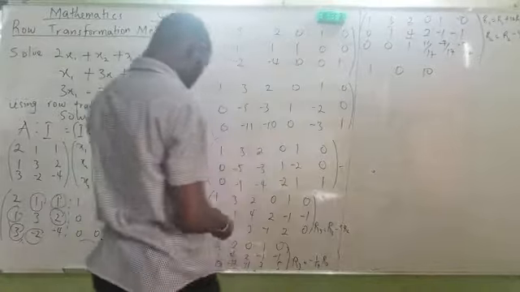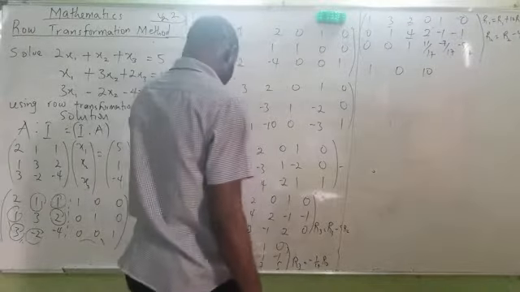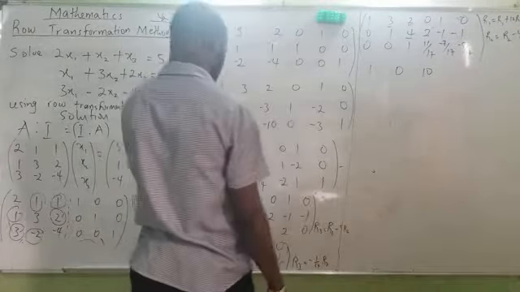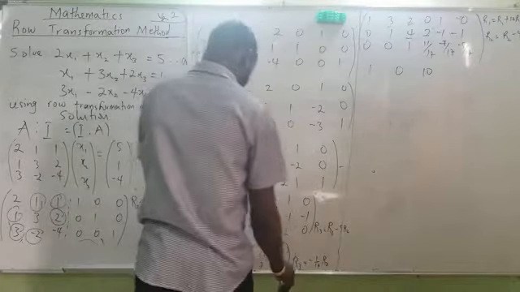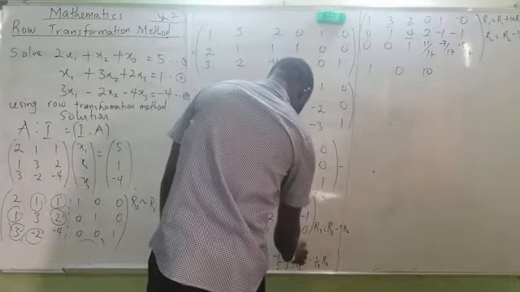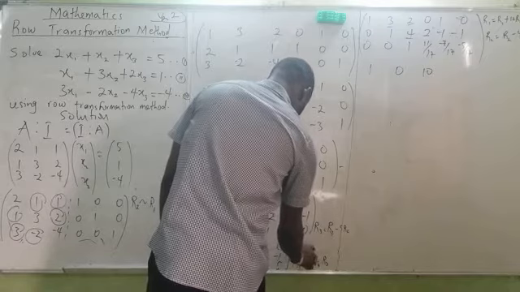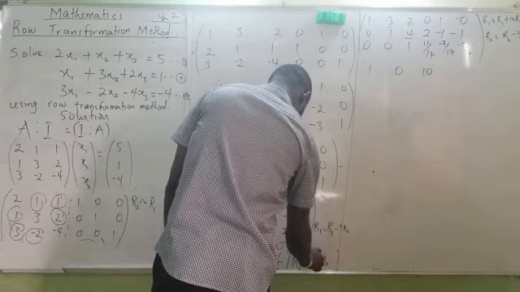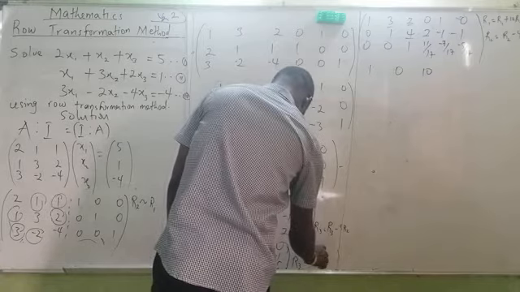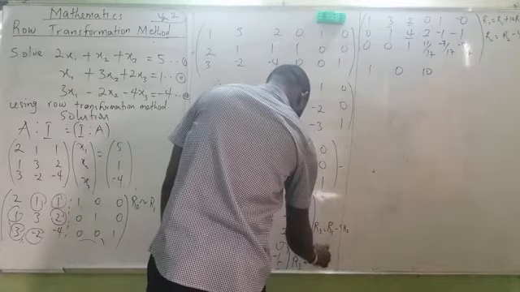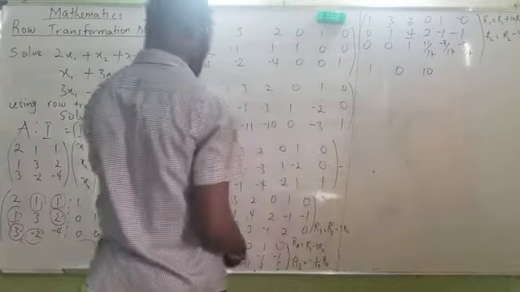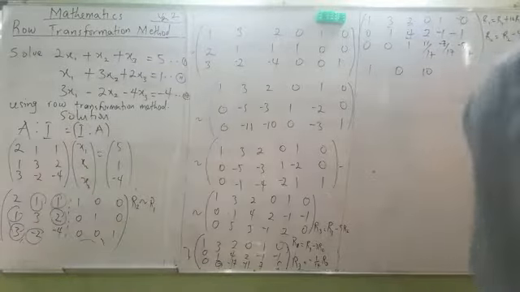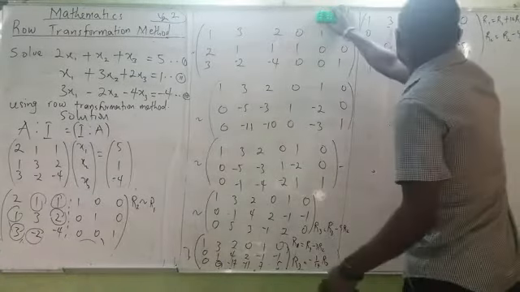I can say that here I can have what is called R1 can be equals to R1 minus 3R2. I think so that I will have something meaningful for myself here.